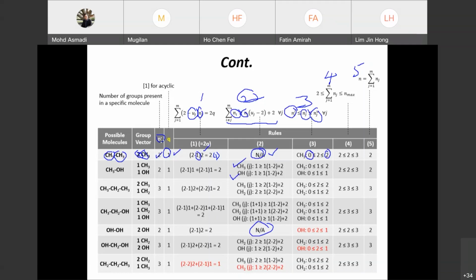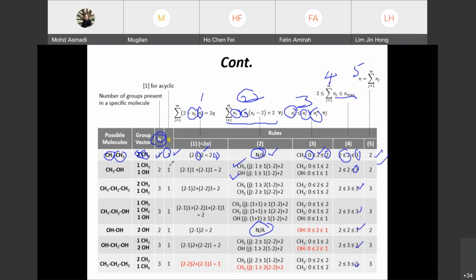We have 2 Nj, so we just write 2. So between 0, 2, and 2. How about N and Nmax? We said all is 3, right? This one is 3. Nj, of course, is 2, below N and Nmax. And then N is equal to the sum of Nj, meaning that in total we have 2. This one is easy.